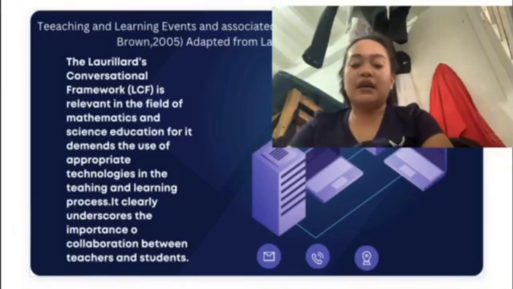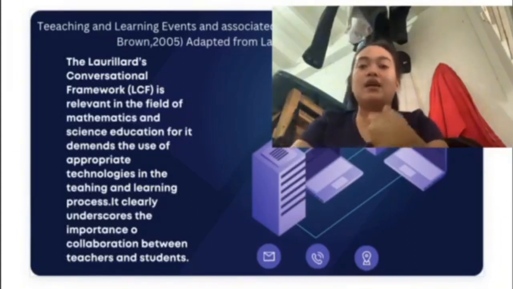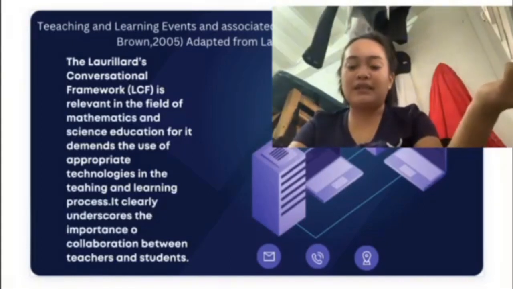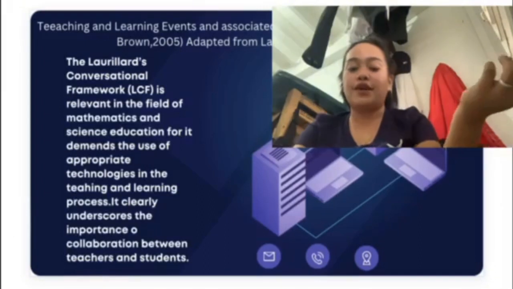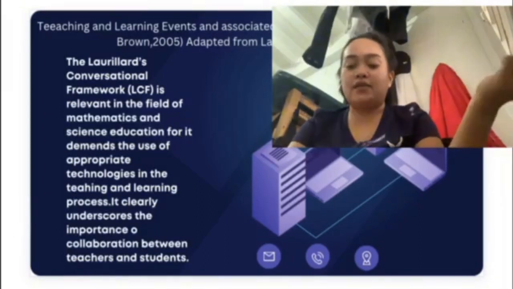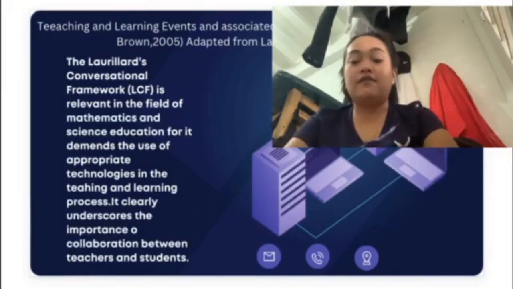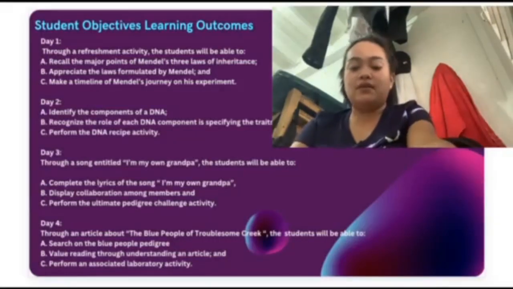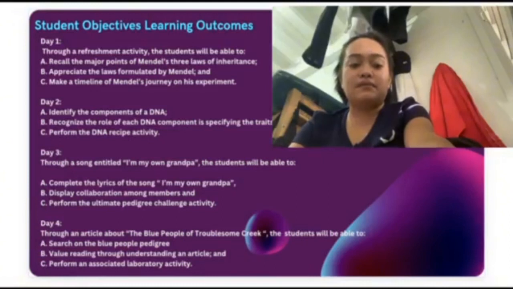It consists of 4 types of learning activities: acquisition, discussion, investigation, and practice. The framework aims to enhance the quality of learning experiences by integrating technology and fostering active engagement. So, here's the example about the student objective learning outcomes.